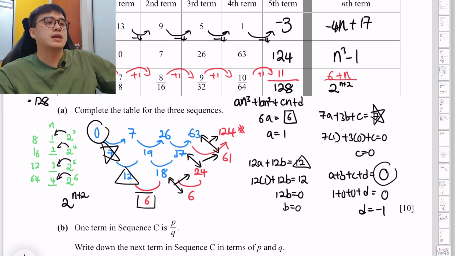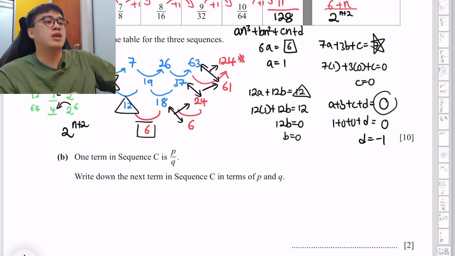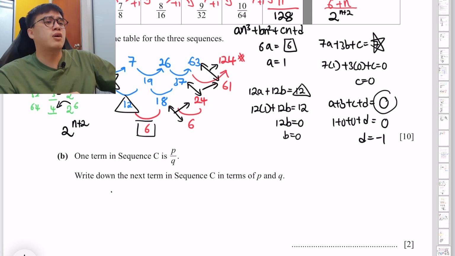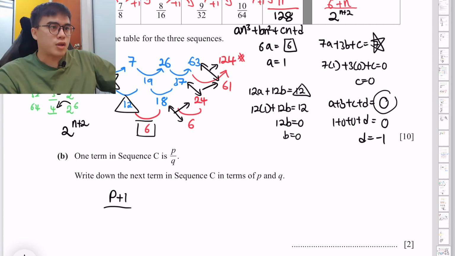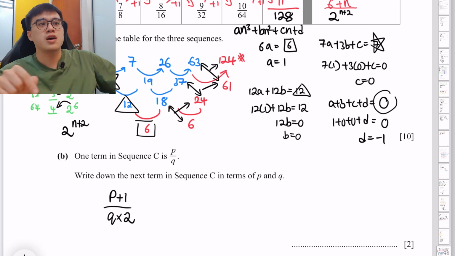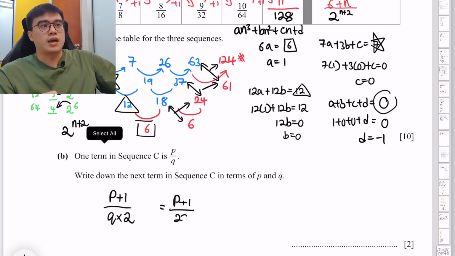And for part B, one term in the sequence is P over Q. So the next term of it will be P plus 1 followed with Q times 2, because from 8 to 16 it is multiplied by 2, and then 16 to 32 is multiplied by 2.